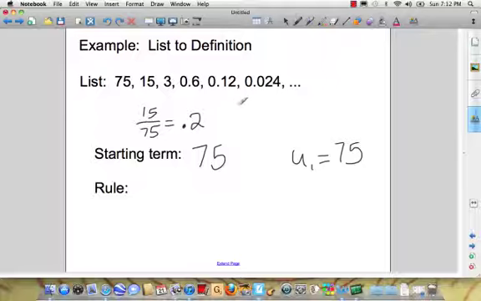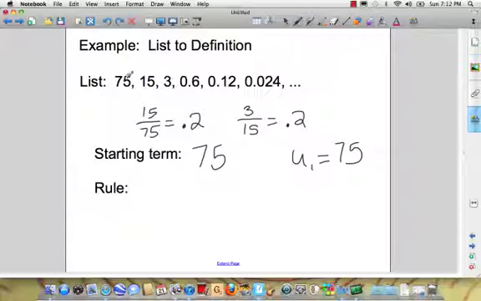Okay, let's see if that ratio holds. So now I'm going to take the third term and divide it by the second. If you do 3 divided by 15, you will also get 0.2. Again, that means 15 times 0.2 is 3. You can check the others if you want. 0.6 divided by 3 will also be 0.2. 0.12 divided by 0.6, 0.2, and so on.